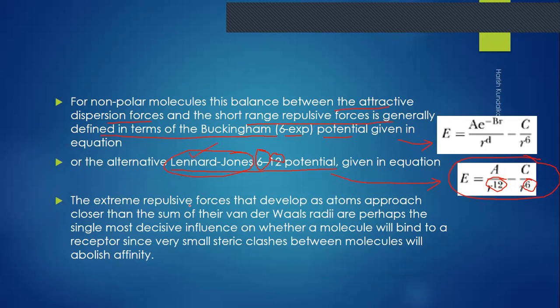The extreme repulsive forces that develop as atoms approach closer than the sum of their van der Waals radii are perhaps the single most decisive influence on whether a molecule will bind to its receptor, since very small steric clashes between the molecules will abolish affinity. So when ligand and receptor come close to each other, whether they will actually bind or not will be determined by these short range repulsive forces.